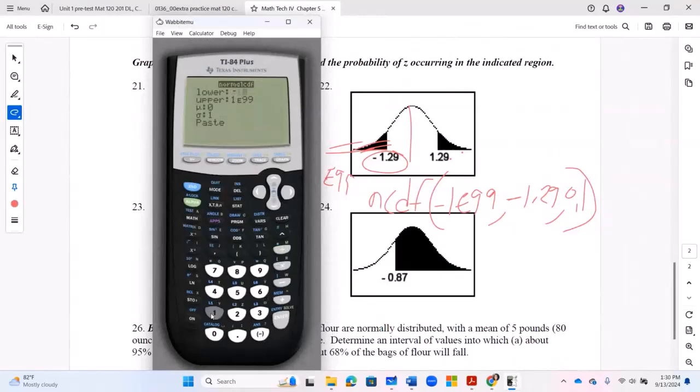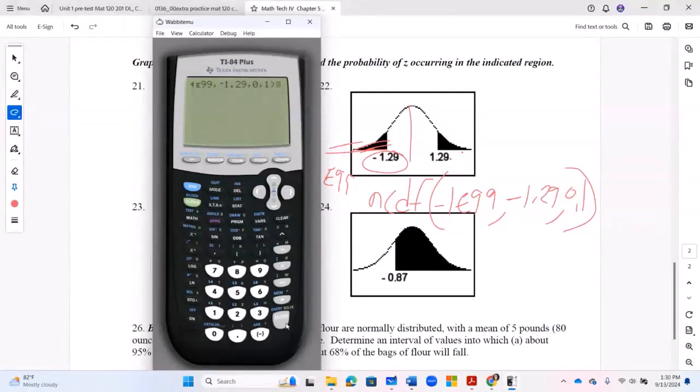Negative 1, E is above the comma, E to the power 99. Then the upper bound is negative 1.29. The mean of a standard normal is 0. The standard deviation is 1. And I'm going to paste.